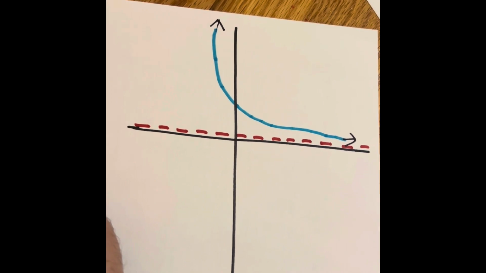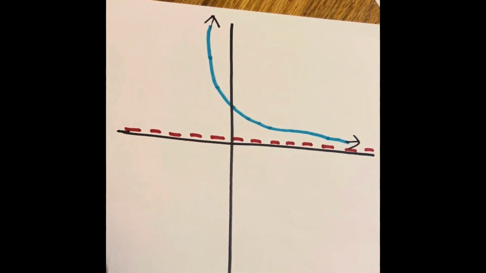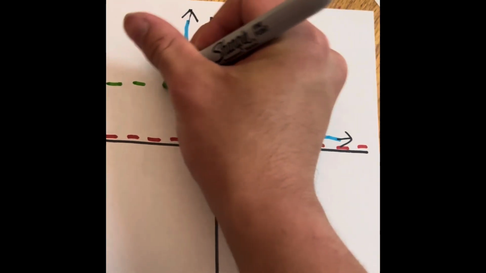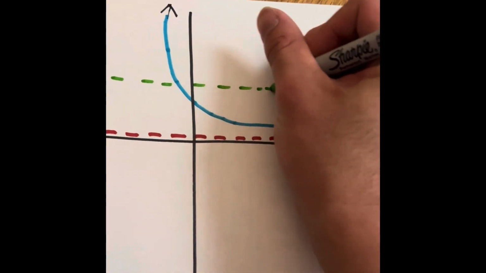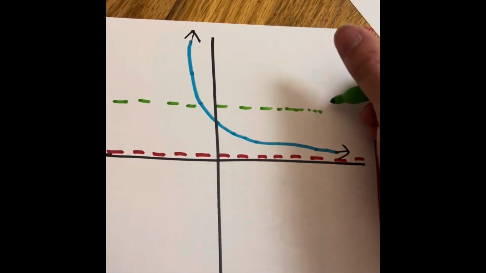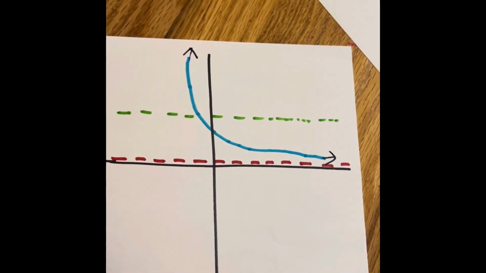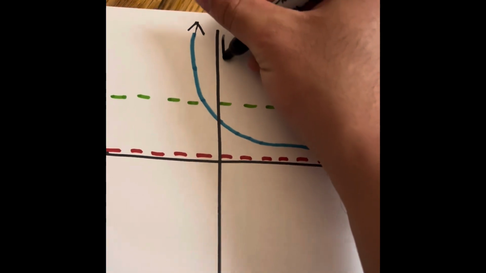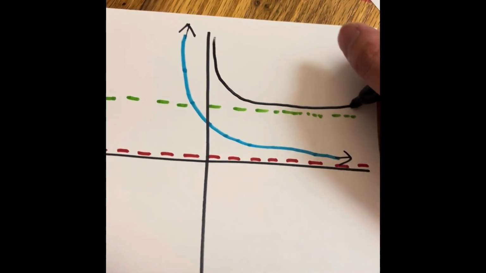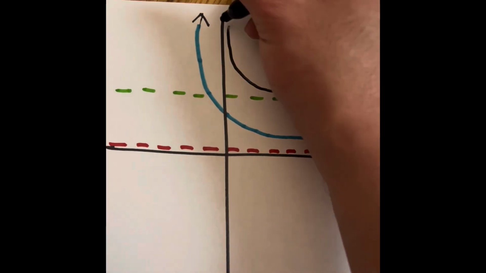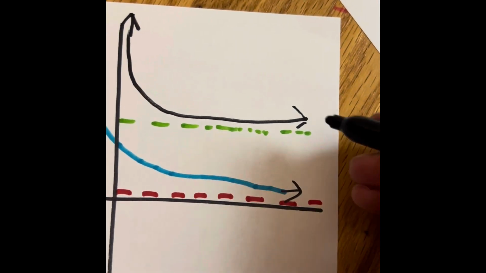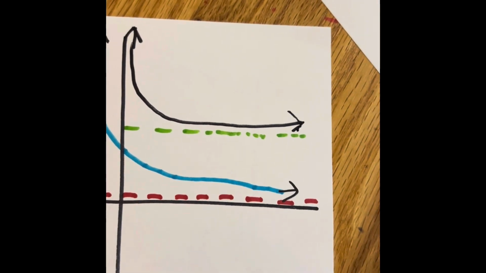That's where the line's asymptote is going to be. The asymptote doesn't always have to be 0. It could be somewhere else, like way up here. But we can also have an exponential function that goes down like this, and still the black line will never reach the green line or even touch it.